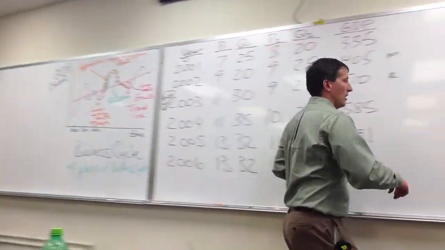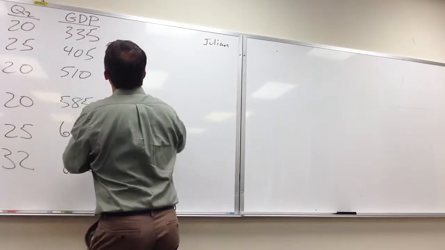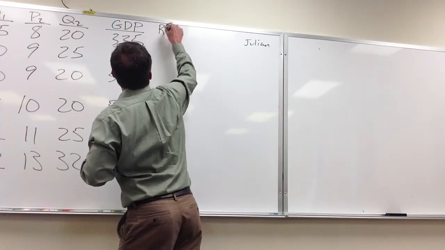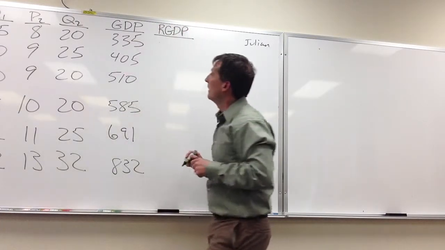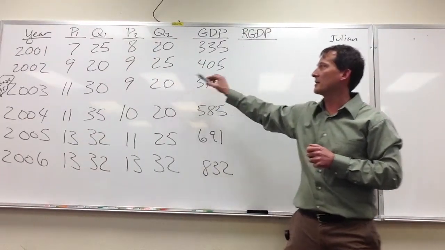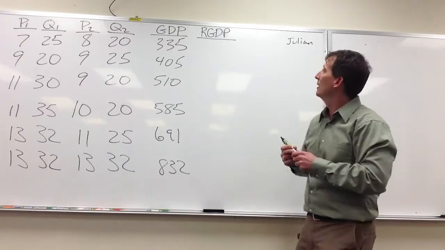So our next column to do is what we're going to call real GDP. And we're going to use the Chelsea base year prices to recalculate numbers in the same way.